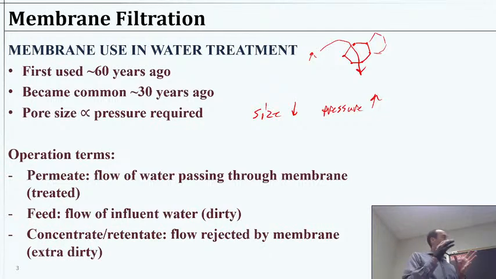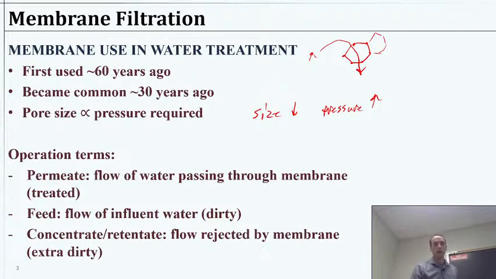That could take the extra concentrated stuff, so the feed meets the membrane, which rejects a lot of these particles or whatever we're removing, so we get a lot of them there. And so this flow would be taking those away from the membrane. So we'd have three separate flows: the feed flow coming to the membrane, the permeate going through the membrane, and then this concentrate flowing beside the membrane and away from the membrane.